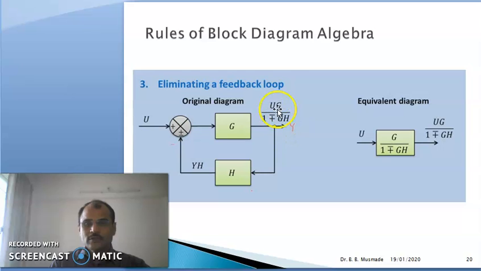See, this is the effective output of the feedback loop, which is the plant transfer function upon 1 minus or plus: in case of positive feedback minus, in case of negative feedback plus, into plant transfer function into feedback transfer function.